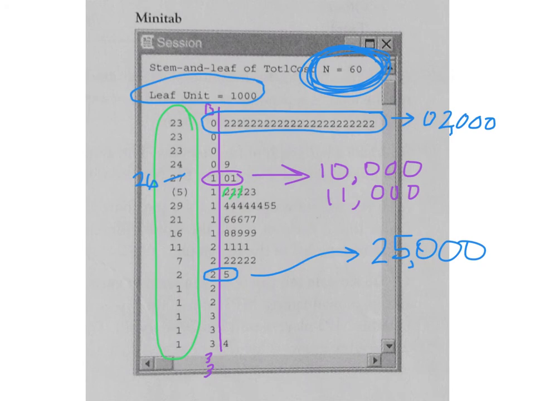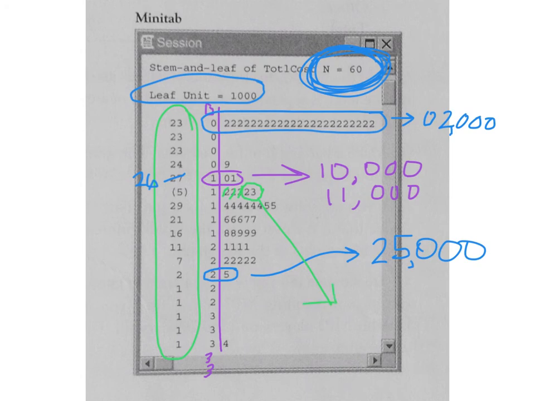And then jumping down a row, we had 29 values so far. So this 3 would be 30, as well as the 2 would be 30, coming from the other direction. So 30 values above, 30 values below, we're going to average those two together.